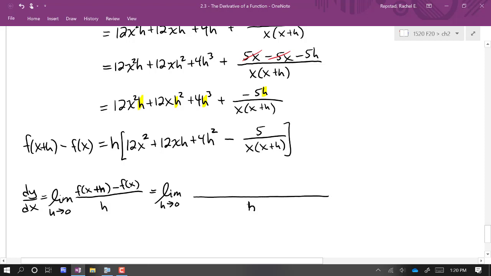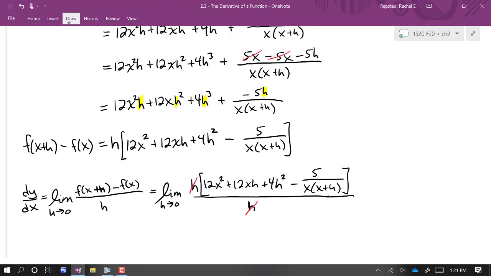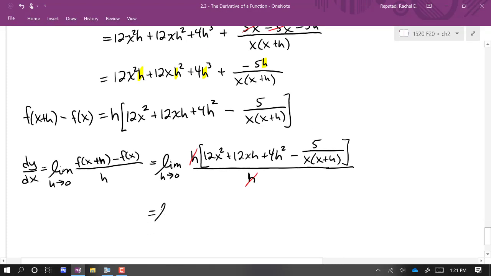Up top, I've got this product of h times 12x squared plus 12xh plus 4h squared minus 5 over x times x plus h. So those h's cancel. We saw that coming. And now that we don't have a factor of h on the bottom, we should be all set to let h approach 0. Let's see how this looks.